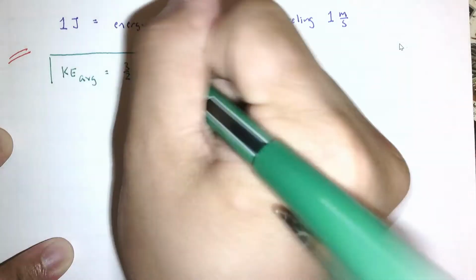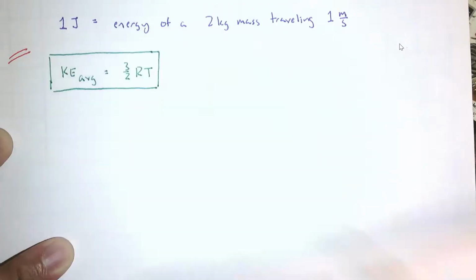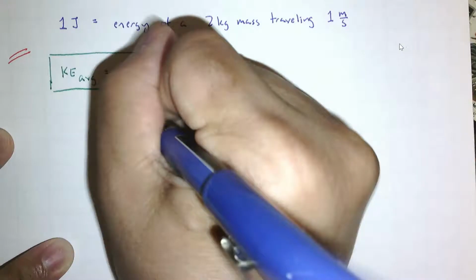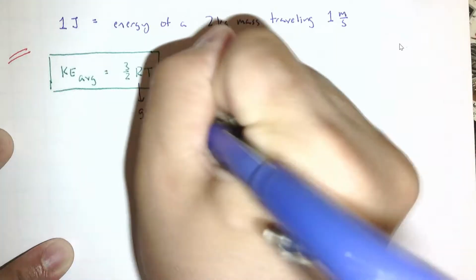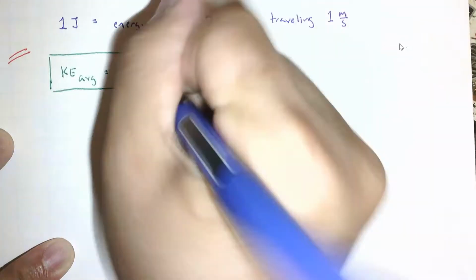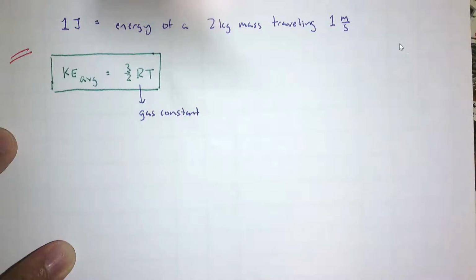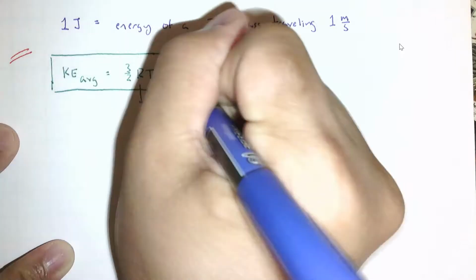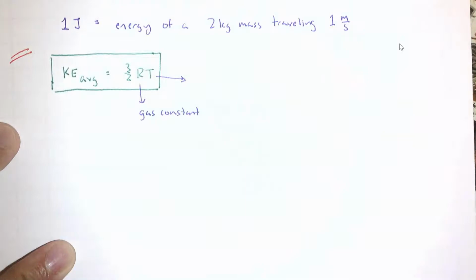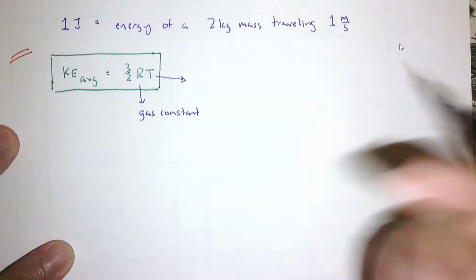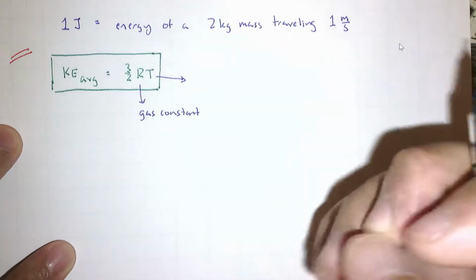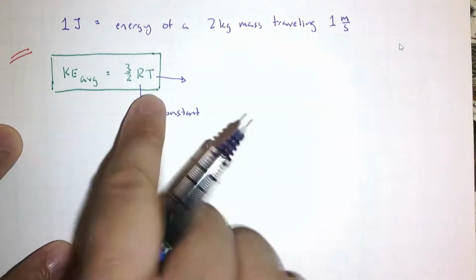Again, in green, but also I like to box my equations. This R is a gas constant. We're not going to talk, again, a lot about this equation. This will come up when we actually talk about gases and how the movement of gases can be related to the kinetic energy and temperature.